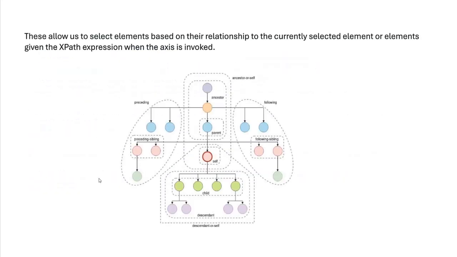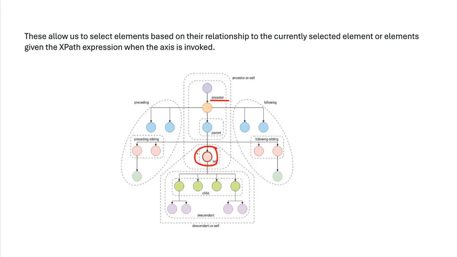Now we'll go back to the diagram. Here, let's take the marker. This is the self node. From the self node, you can identify its parent node. If you want to identify the parent's parent, then it will be an ancestor. From the self node itself, you can identify the child node as well.